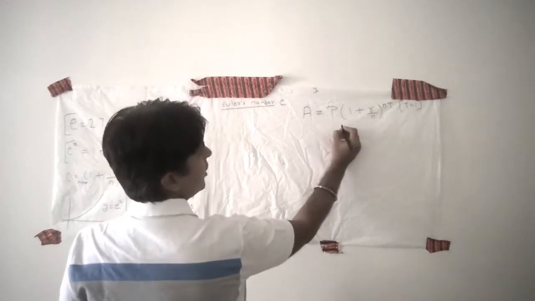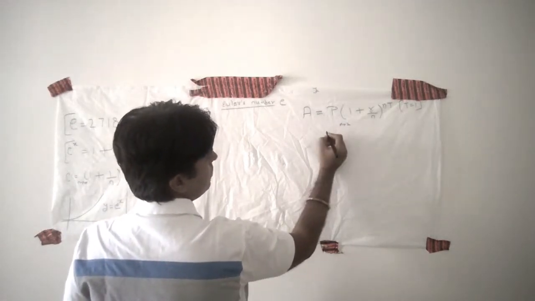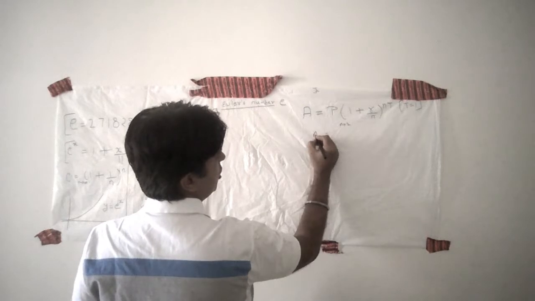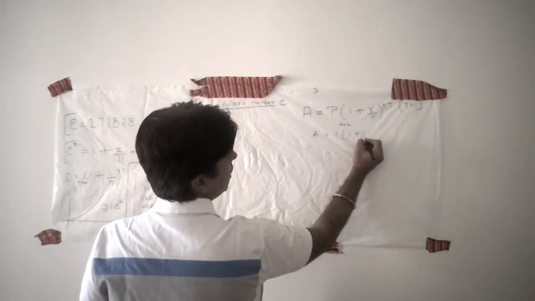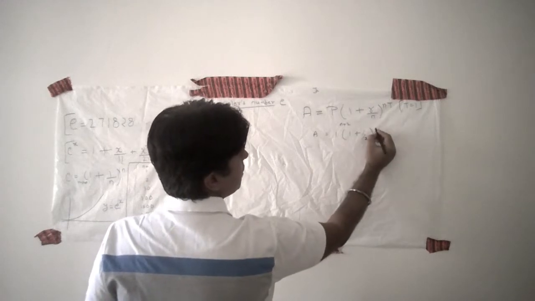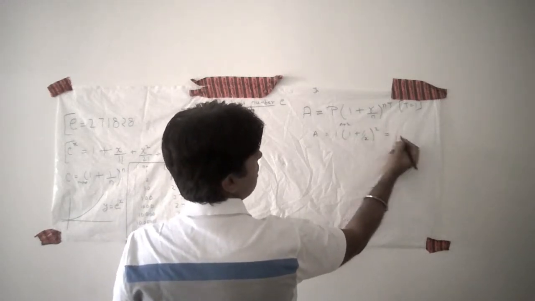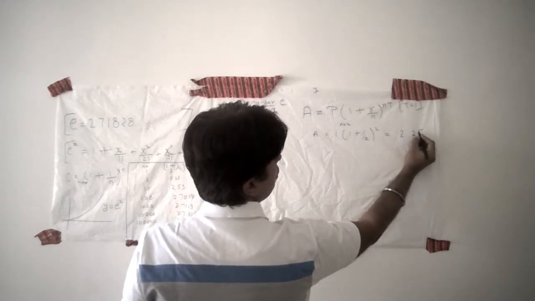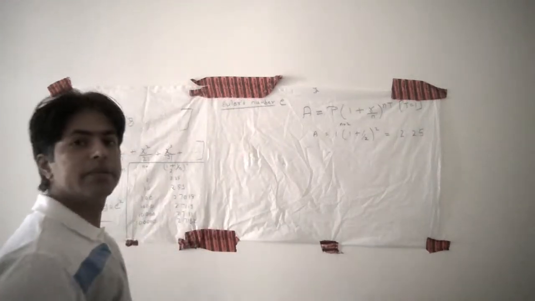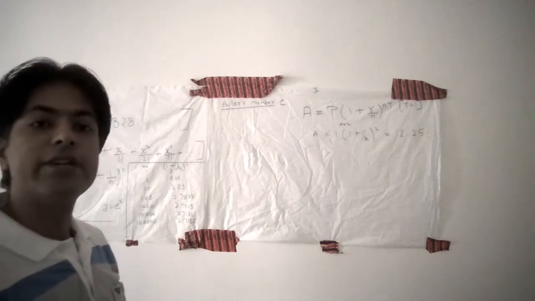So we are looking at what happens at n equal to 2. Your amount will be equal to (1 plus 1 by 2) to the power 2. This comes out to be 2.25, right? Now this is for n equal to 2.